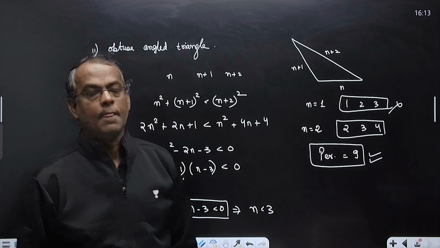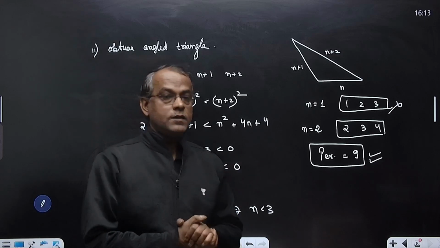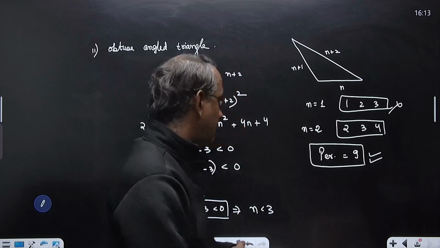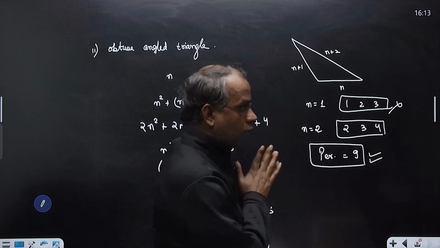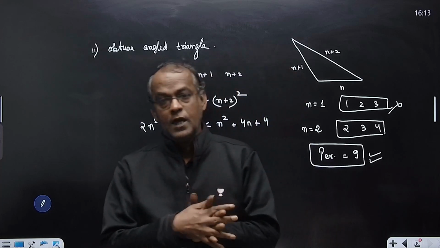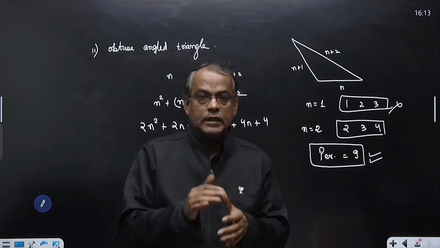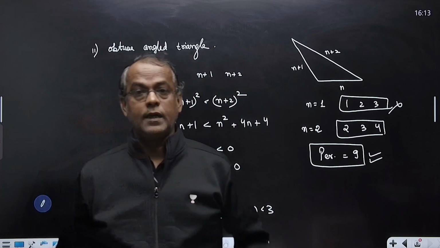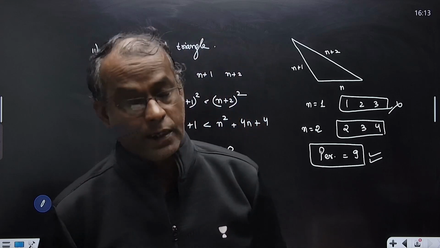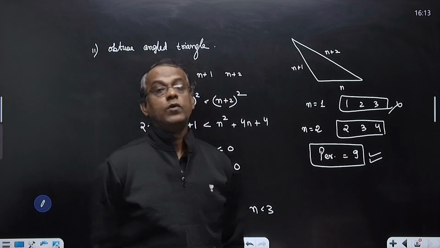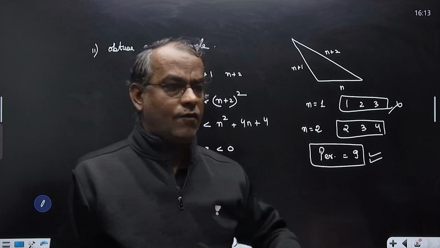Okay. So this is the only triangle whose sides are consecutive natural numbers and it is an obtuse angle triangle. See, the moment we cross 2, 3, 4, which is an obtuse angle triangle, 3, 4, 5, as we just got to know or you were already aware of, is a right angle triangle. Post that any triangle with consecutive sides has to be an acute angle triangle. See, you can understand the sum of consecutive squares.